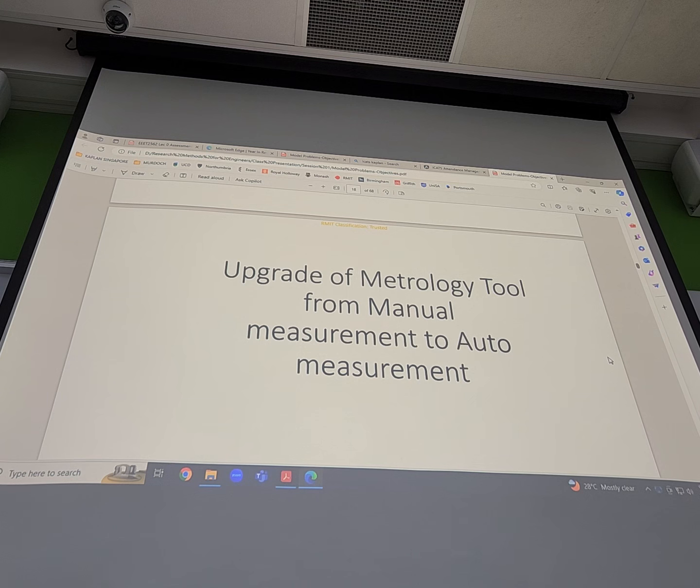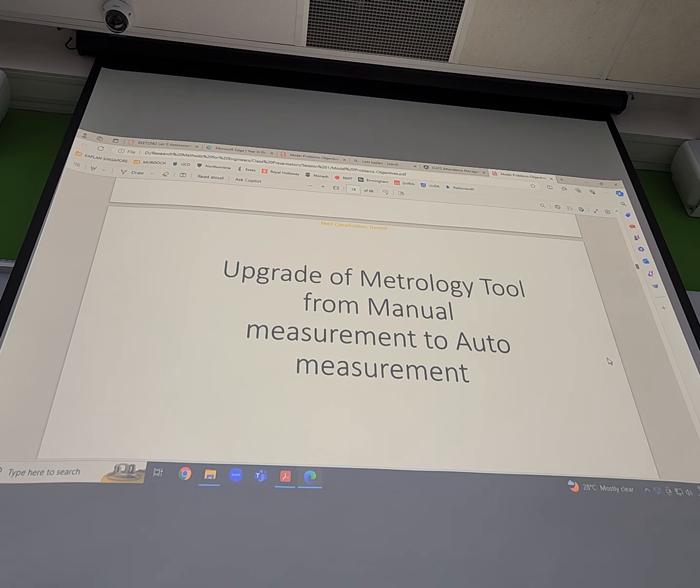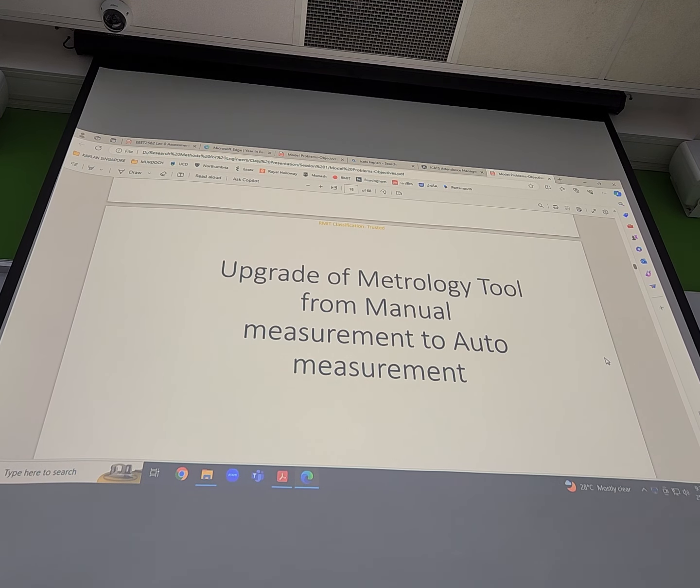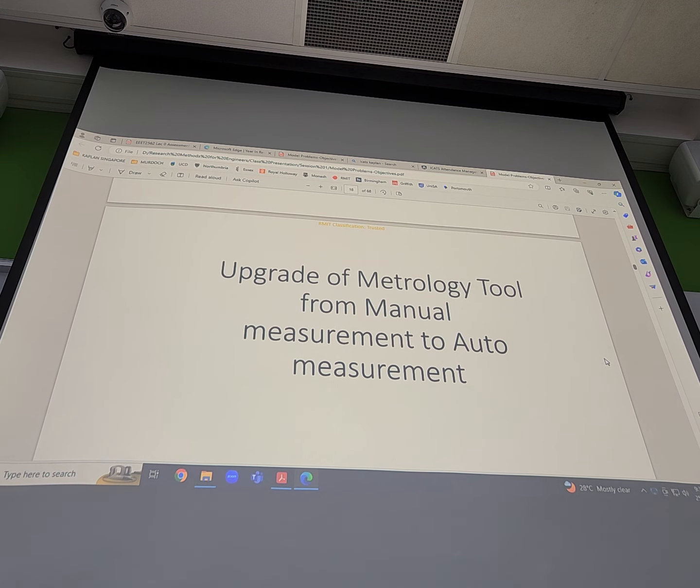Okay, so this is another topic. This is upgrade of metrology tool from manual measurement to auto measurement. So this is where the student is working on a machine. He wanted to use the data which is normally taken manually, but getting auto measurements.